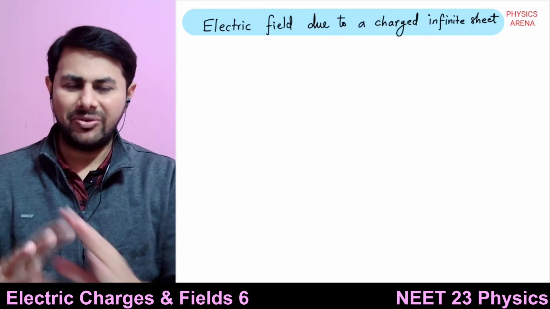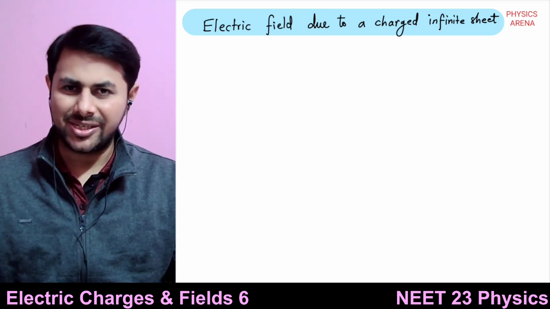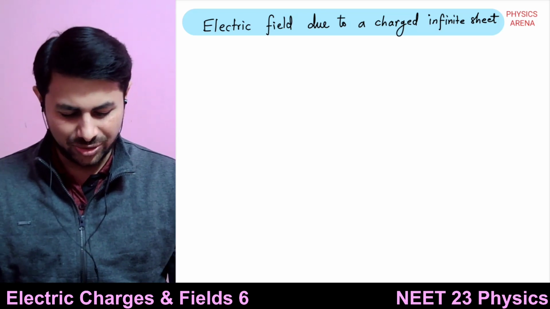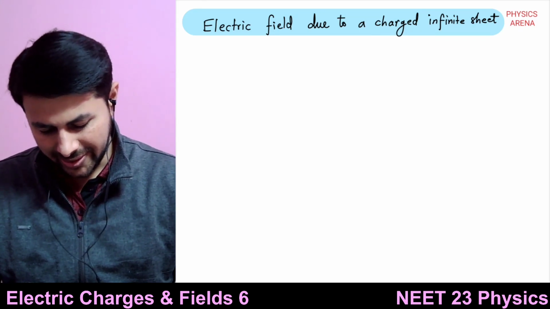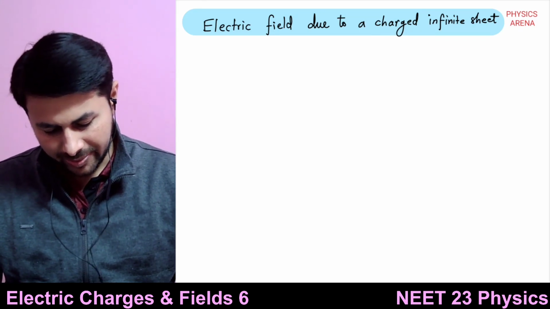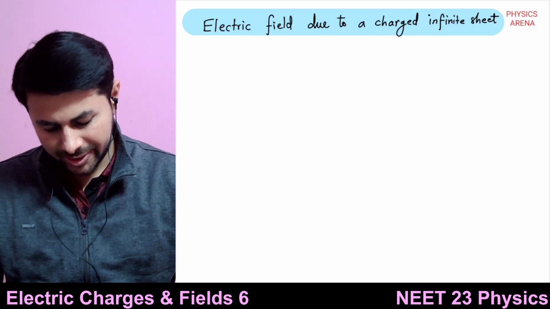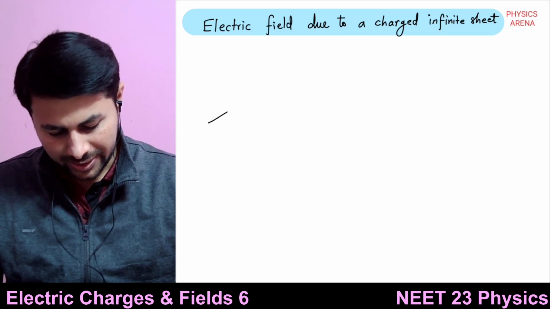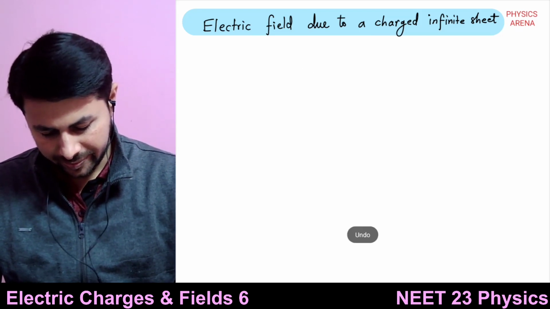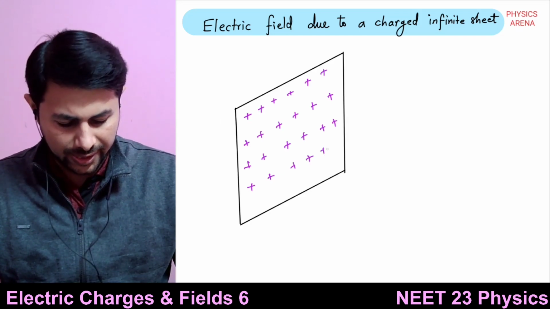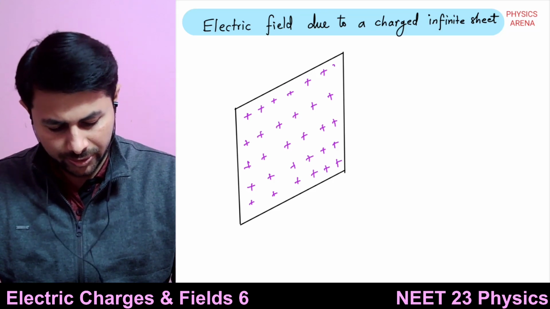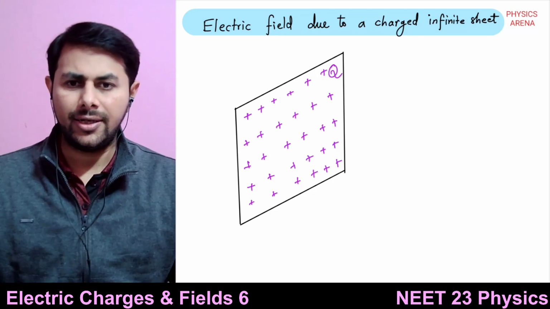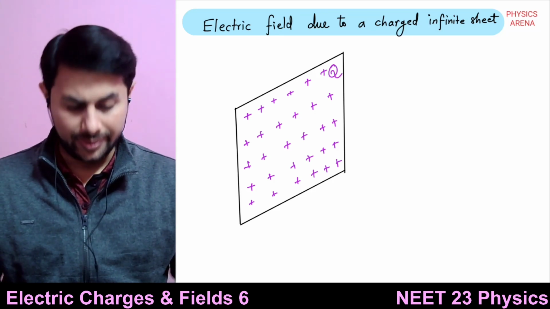So we have a very large plane sheet, and it is uniformly charged. And we want to find out the electric field due to that plane charged sheet. So let's draw that sheet first. So this is the charge, capital Q. It is uniformly distributed all over the area of the sheet.